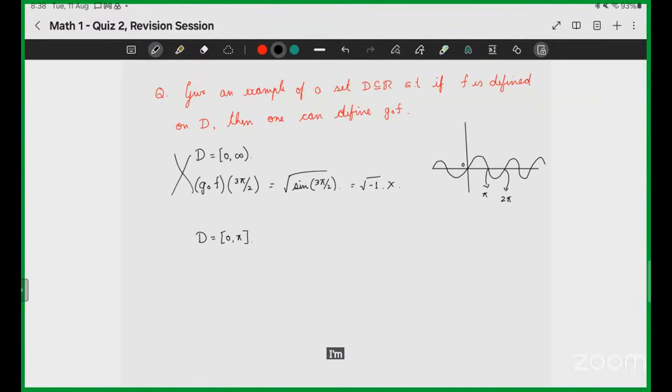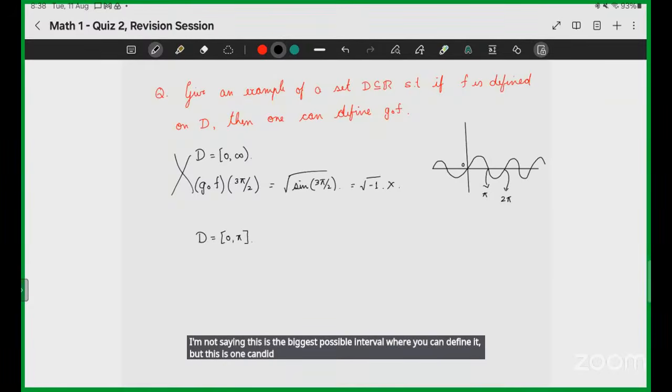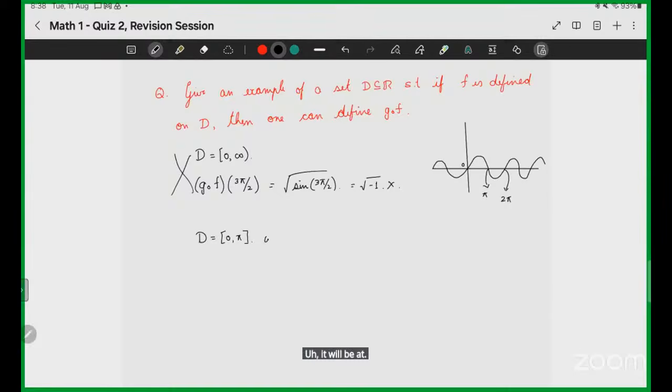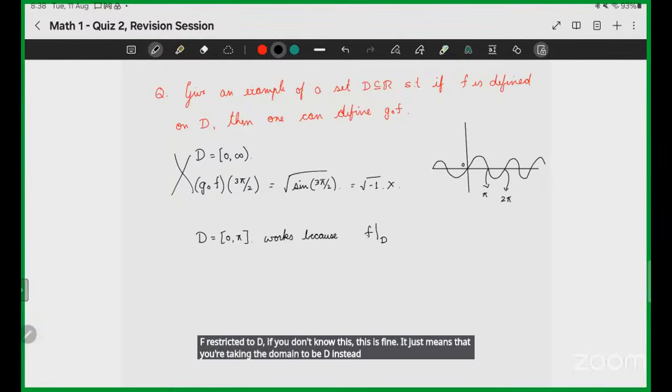I'm not saying this is the biggest possible interval where you can define it, but this is one candidate which will work. F restricted to D, if you don't know this is fine, just means that you're taking the domain to be D instead of whatever is originally defined. F restricted to D is non-negative.